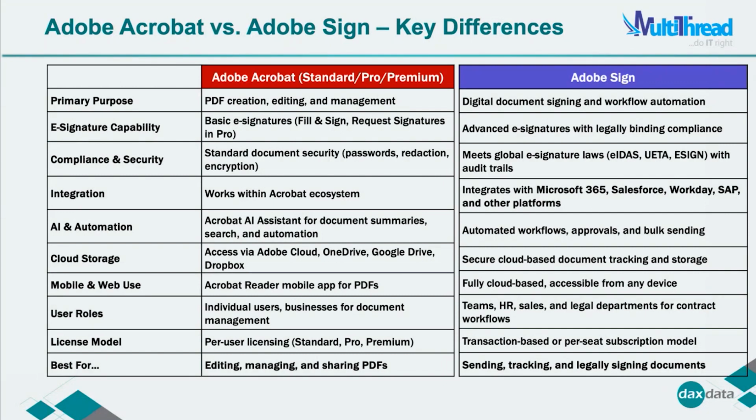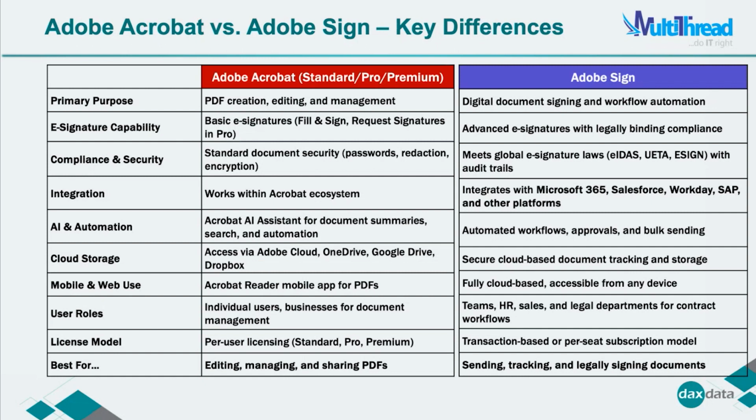Everything comes with an audit trail and they are all legally binding. It meets global e-signature laws around the world with its audit trails. It integrates into many more applications than Adobe Acrobat does, and it can have automated workflows and approvals using Power Automate if you need to.